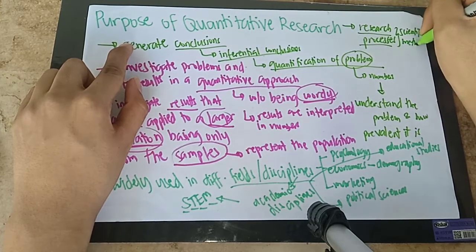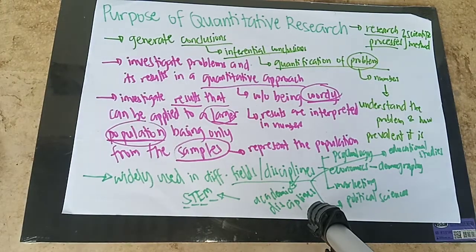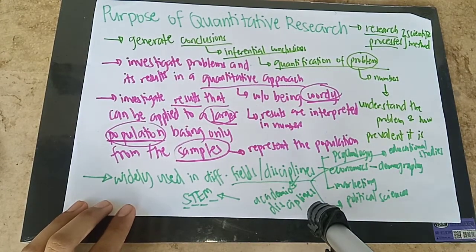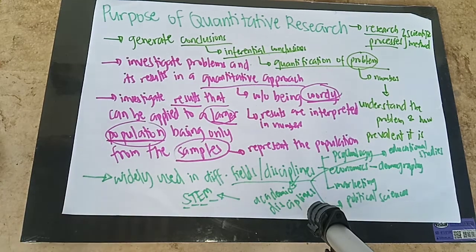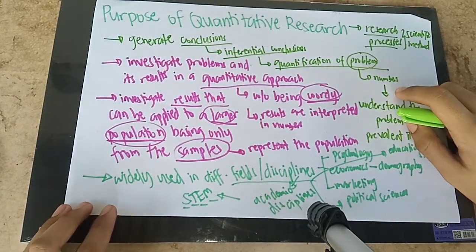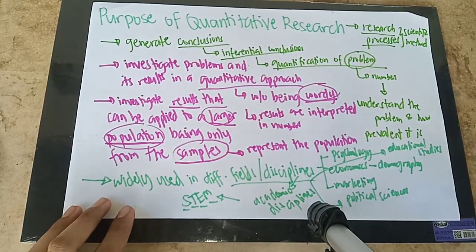Quantitative research uses the scientific method in order for us to generate conclusions that can serve as the solution to existing problems. Now that we are through with the discussion of the different purposes of quantitative research, we are now ready to discuss the 7 main characteristics of quantitative research.